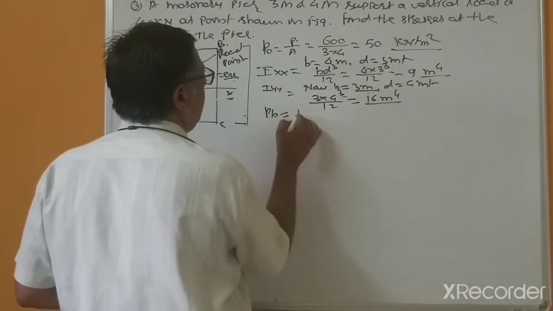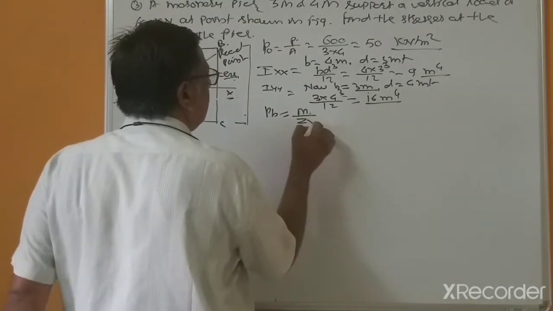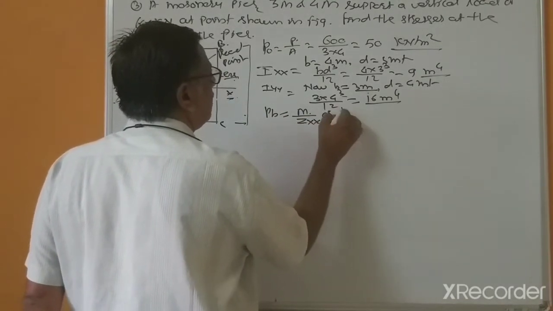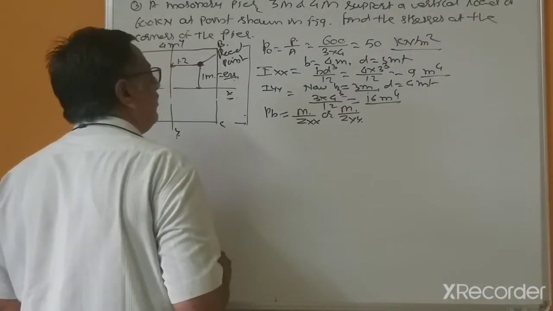So that's why now PB equal to, what is the formula? M divided by Z xx, or M divided by Z yy.